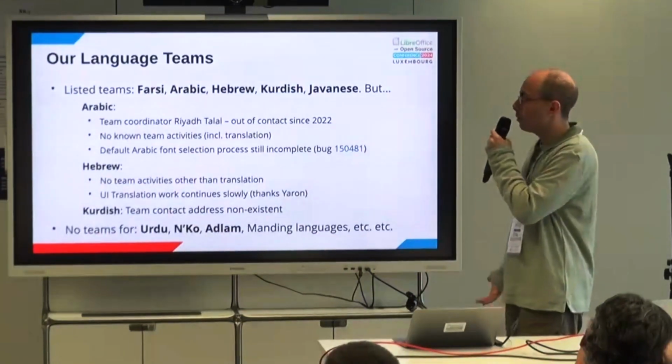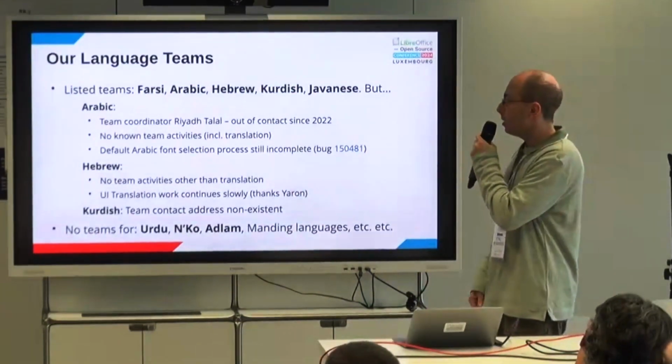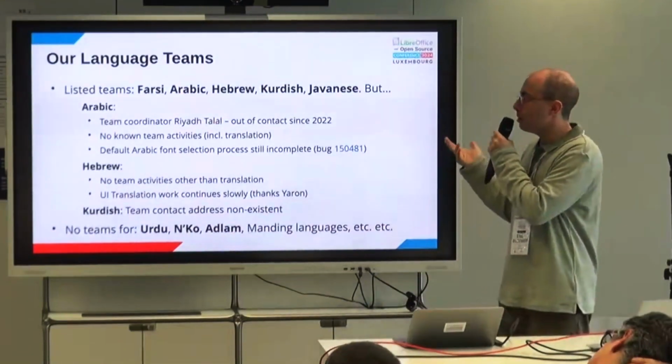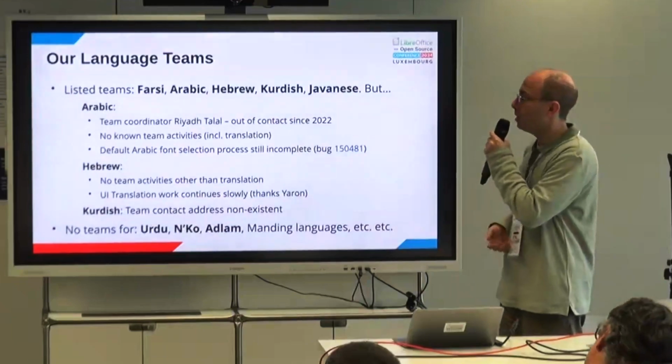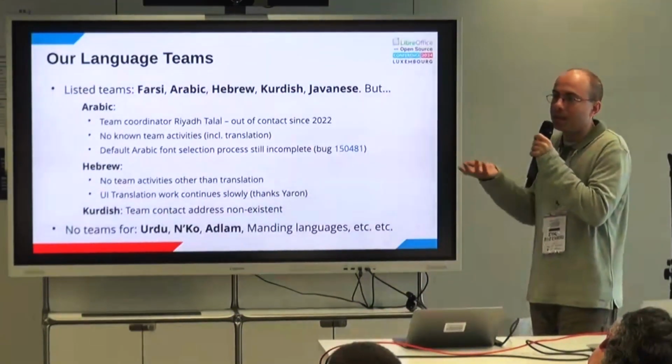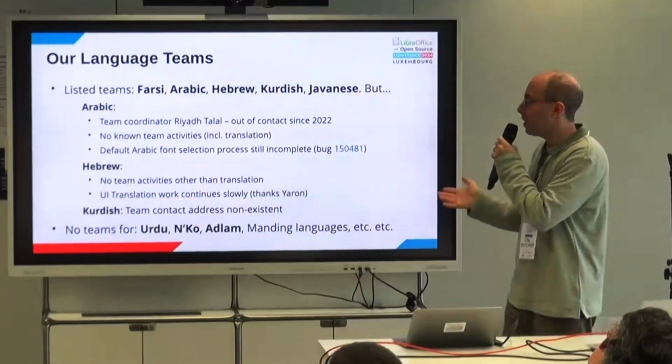I mean, he's out of contact. We can't reach him. And there are things that got stuck in the middle and need to be picked up. And I can't do it because even though I speak some Arabic, I can't do it.